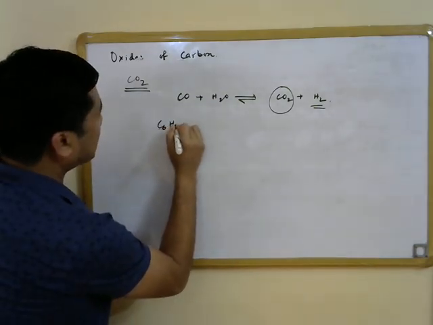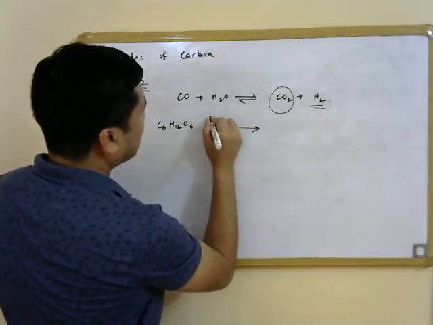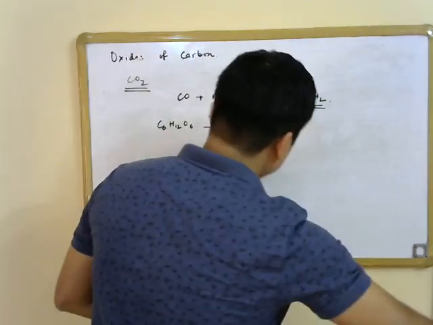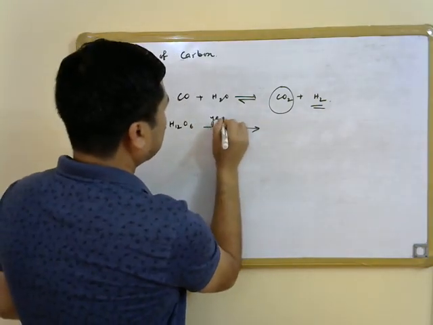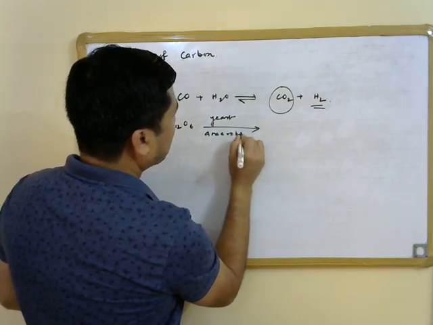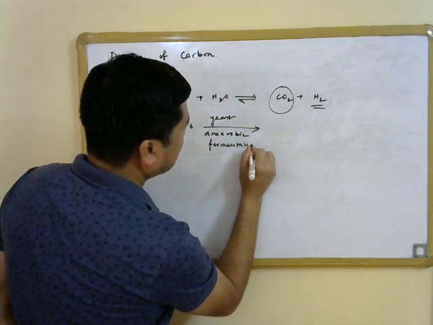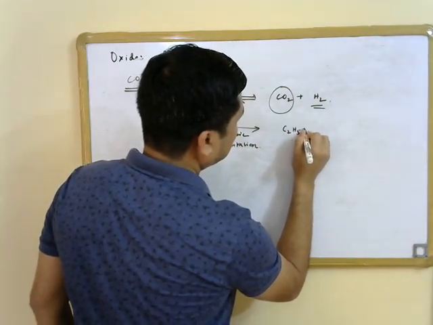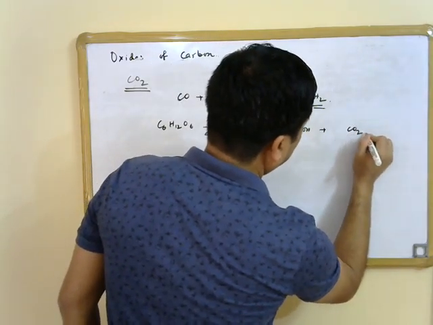So one takes C6H12O6, glucose, and if one does fermentation by using yeast, anaerobic fermentation, this essentially produces ethanol and carbon dioxide.